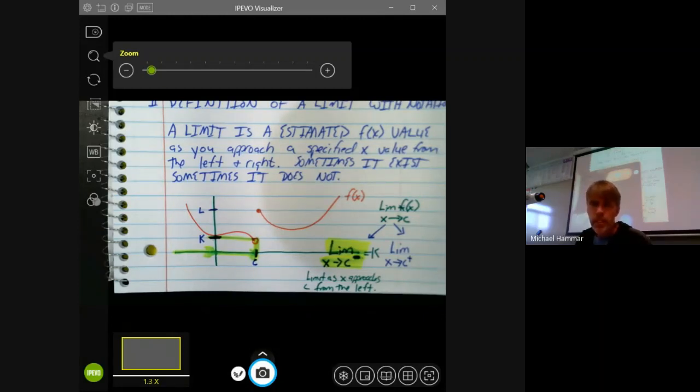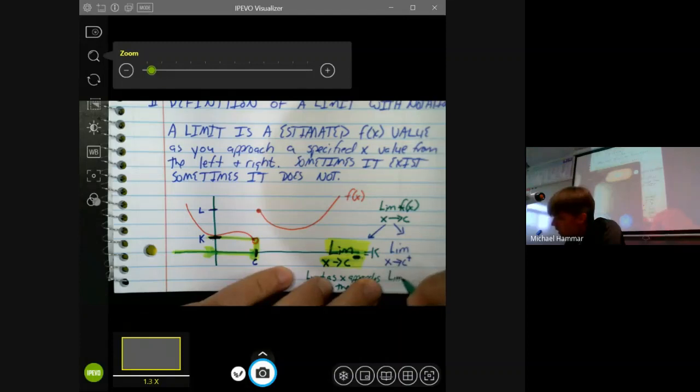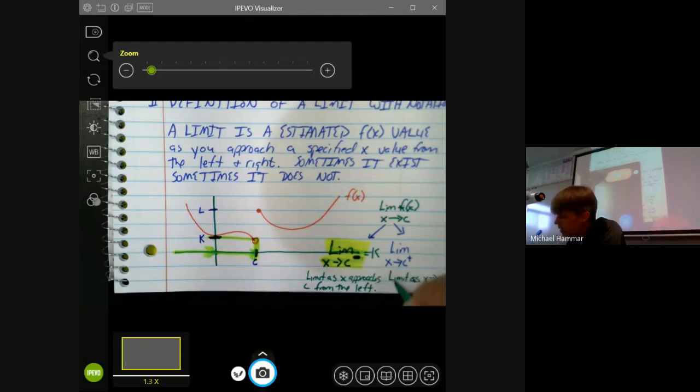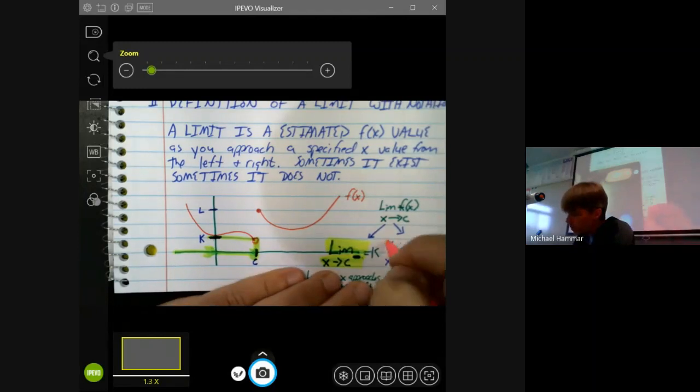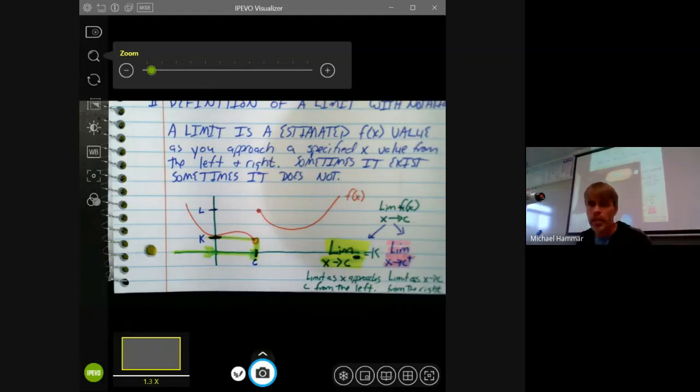So this means the limit as x approaches c from the right. Now, I'm going to highlight this one in pink. Okay? So take a look here. Notice that I use a plus sign. Plus sign, I think positive. Positives are always on the right side of a number line.